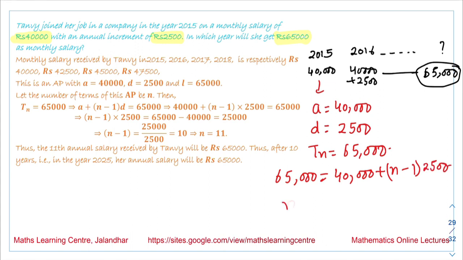So we get the value of n is 11. So we are saying that the 11th annual salary received by Tanvi will be 65,000. That is, it is after 10 years. So in the year 2025 her salary will be 65,000 rupees.